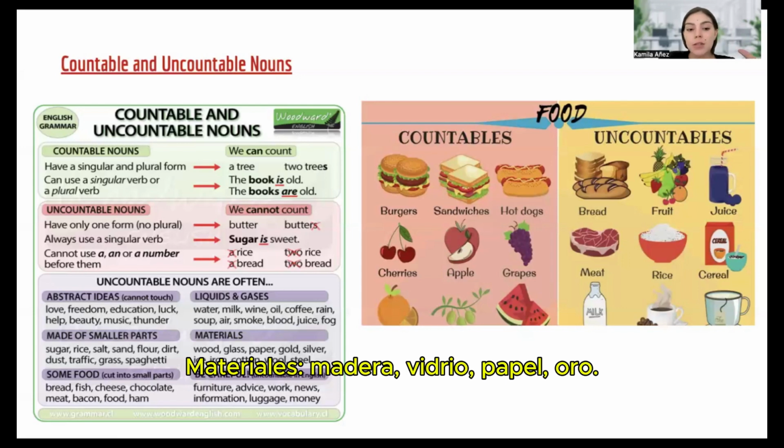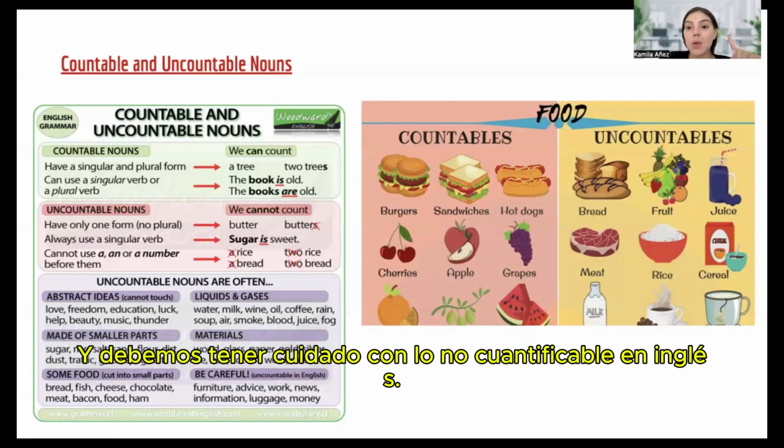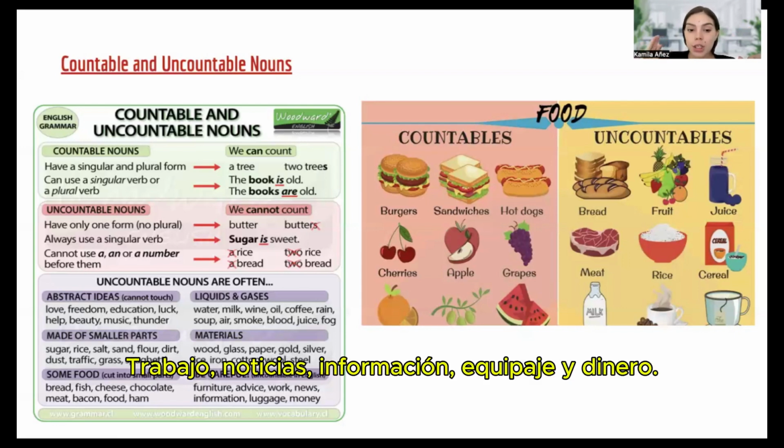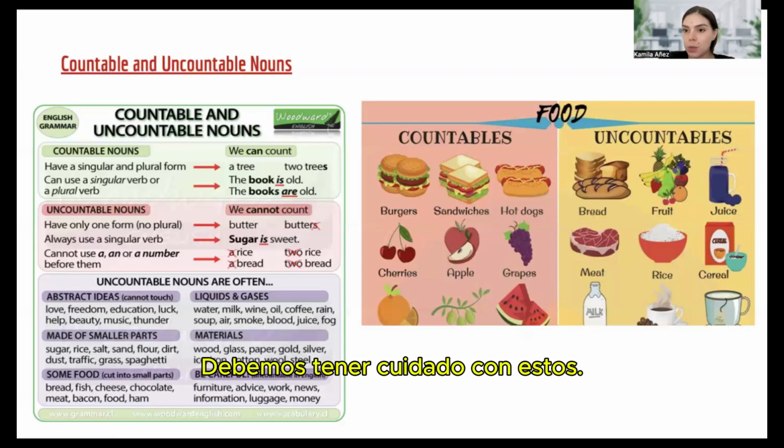Materials, such as wood, glass, paper, gold, silver, ice, iron, cotton, wool, steel, and we have to be careful with uncountable nouns in English, such as furniture, advice, work, news, information, luggage, and money. We have to be careful with these ones.